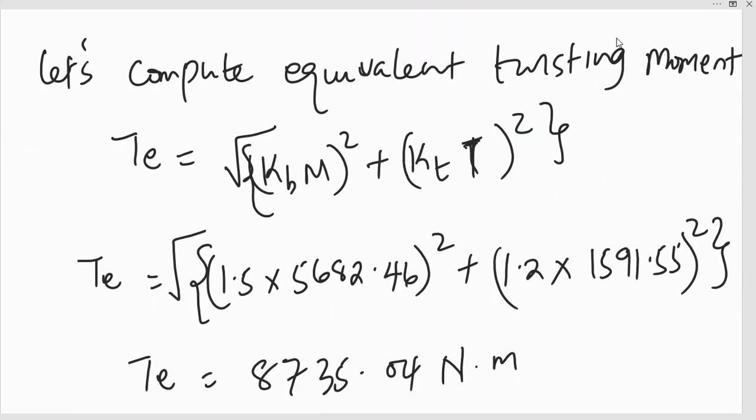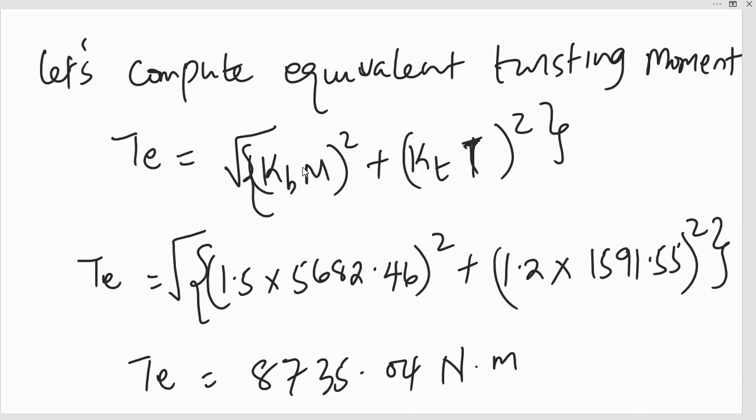Let us also compute the equivalent twisting moment. We want to use it in Tresca's theory to determine the diameter of the shaft. Why are we calling it the equivalent twisting moment? We have an action of two things: a torque, which is a twisting moment, and a bending moment.